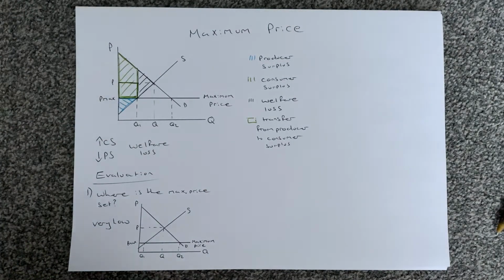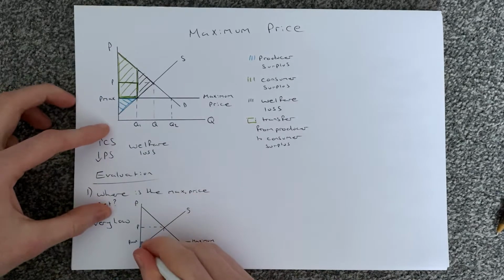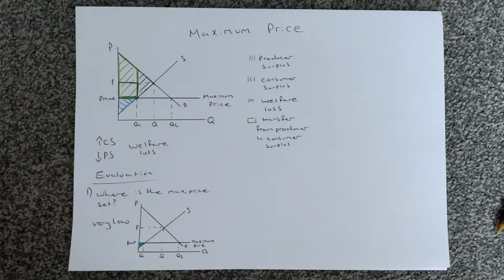So as we can see here, we've got a very, very small producer surplus, which I'm just going to colour in. So the producer surplus would be very, very small with regards to a very low max price.